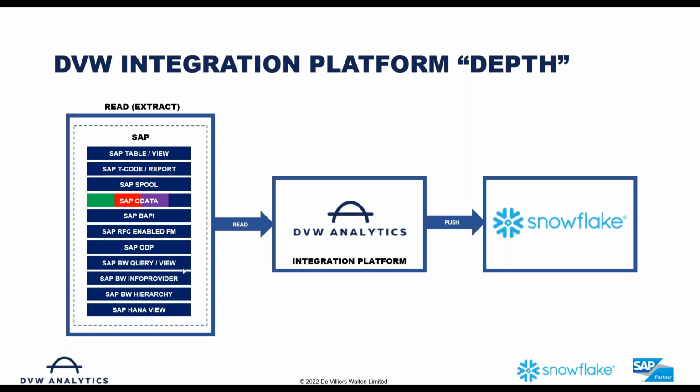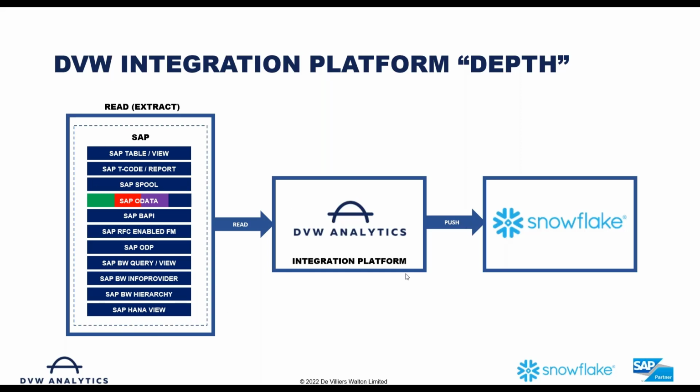And then in the BW space, we have all manner of possibilities. We can connect to queries, to views, even to info providers, so the cubes or the multi-providers, all the way down to info objects even. That would be the master data effectively, and also hierarchies. And if your systems are running on HANA, we can connect to any HANA view, so calculation views, etc.